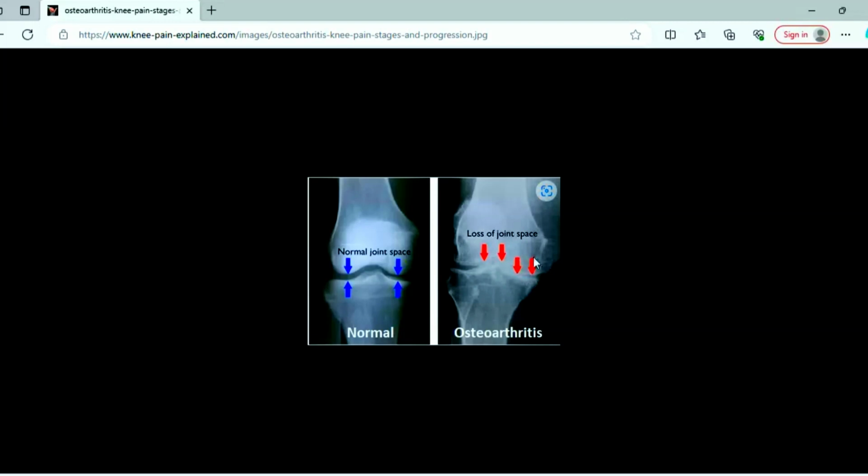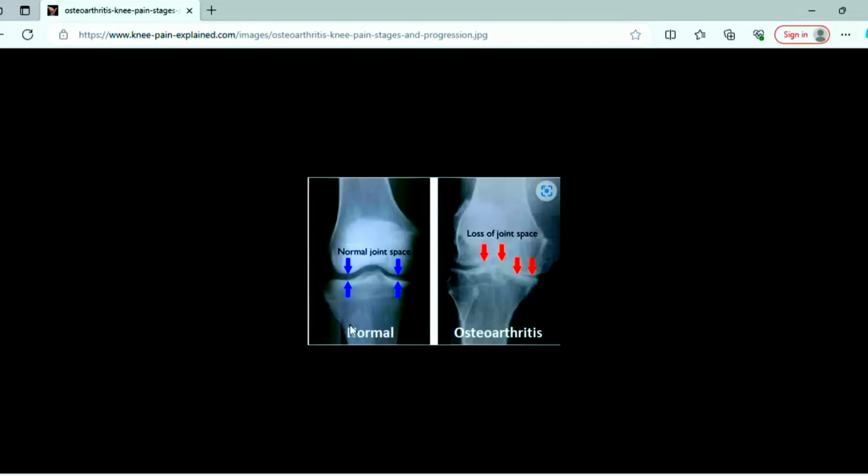The loss of the articular cartilage can cause this kind of condition. So osteoarthritis is the diagnosis of our patient. The patient's diagnosis is OA.